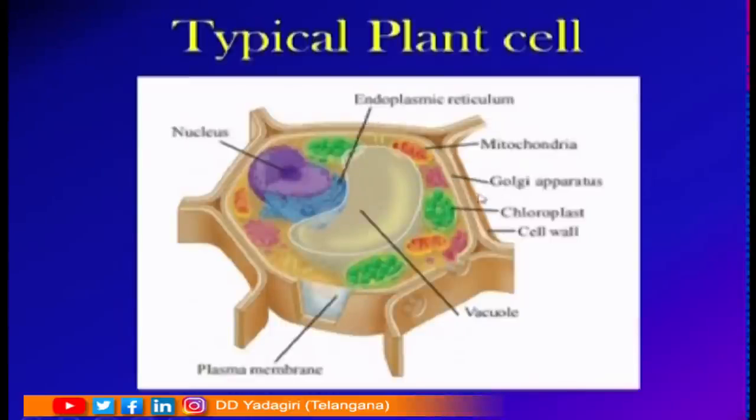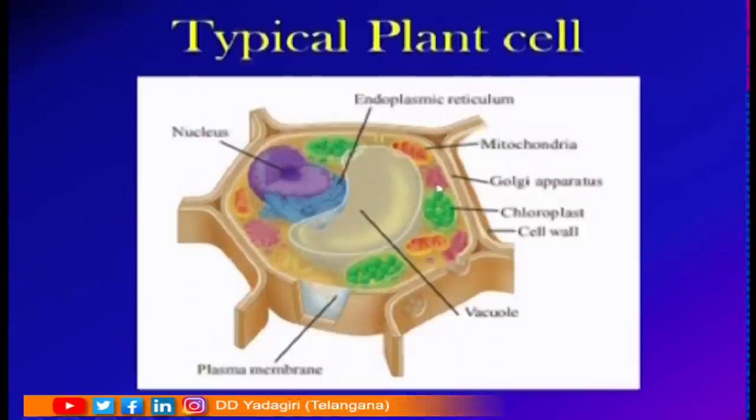Here we can also see the Golgi apparatus in the cell, and we also notice the endoplasmic reticulum. In the endoplasmic reticulum, again we have two types, smooth endoplasmic reticulum and rough endoplasmic reticulum. We also can see free ribosomes floating over.